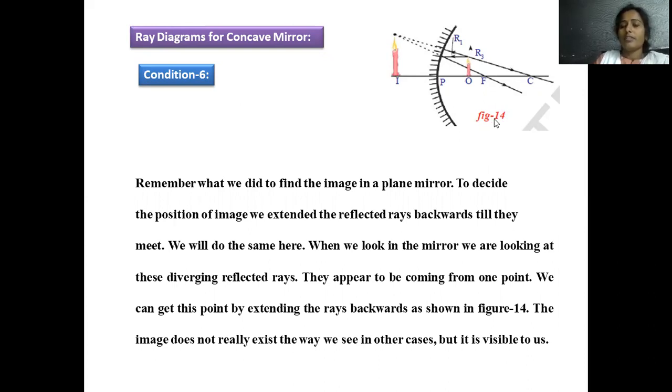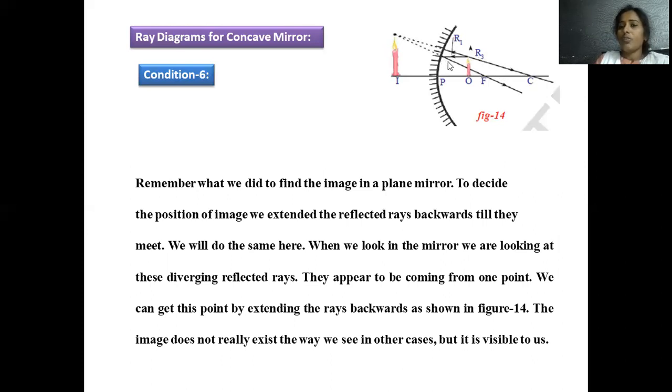Okay, so let us observe figure 14, where O denotes the object. It is placed less than the focal point. When the object is placed less than the focal point, what happens? It generates rays. Those rays fall on the concave mirror, and they originate the reflected, bounced lights.